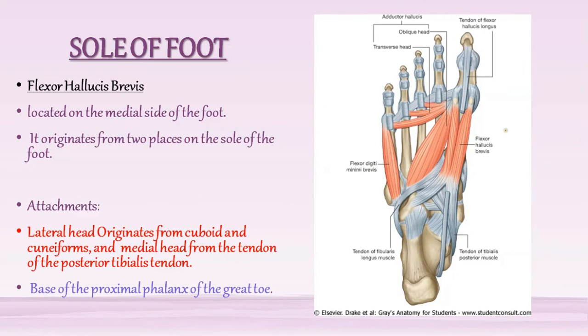So the first muscle is flexor hallucis brevis. This whole is the flexor hallucis brevis. It originates from two places on the sole of the foot. This is the lateral head and this one is the medial head.